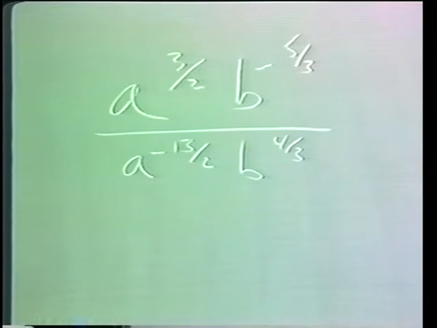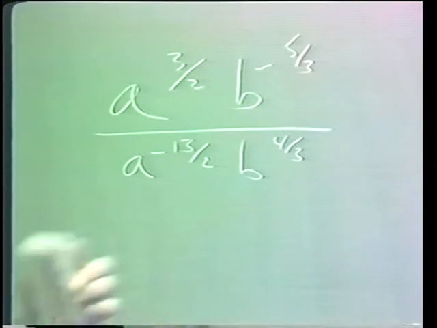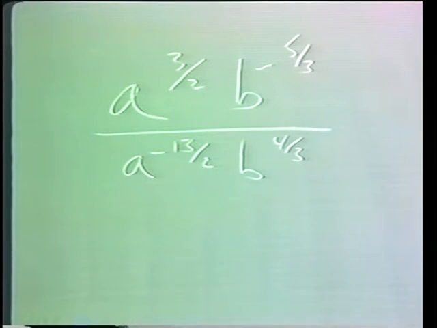That was left over from the last problem. A to the 3/2, b to the negative 5/3. No, it works out great. It would have worked out great either way. A to the negative 13/2, b to the 4/3. Either way, they would have come out to be whole numbers.